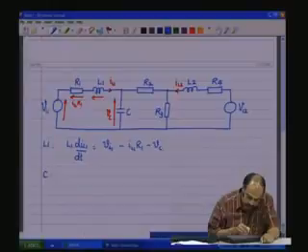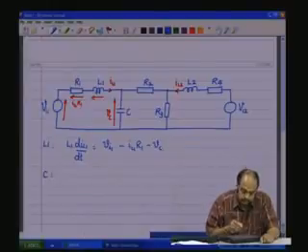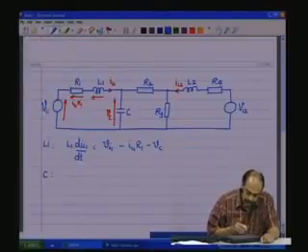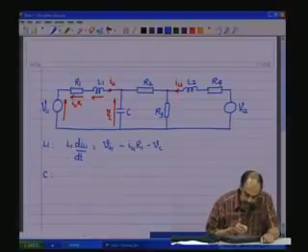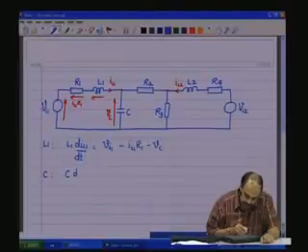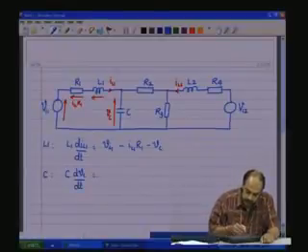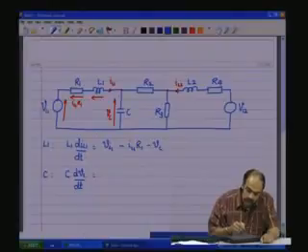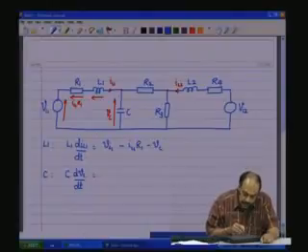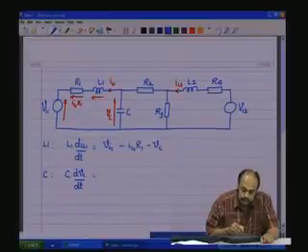C. Now, the equation for C is C dVc by dt, which should be equal to the current through C. Now, the current through C is IL1 minus the current through R2.